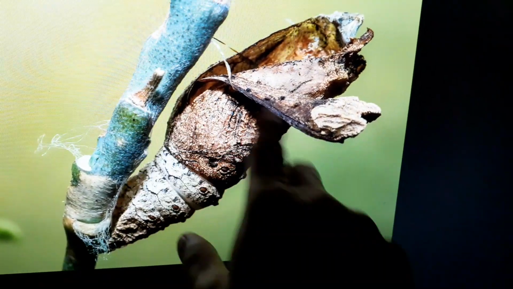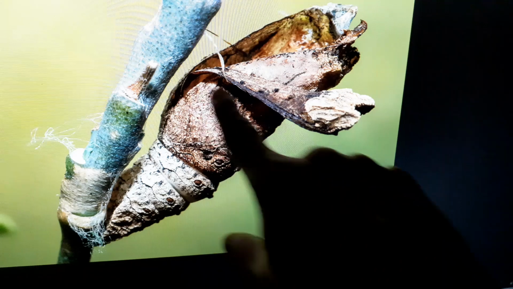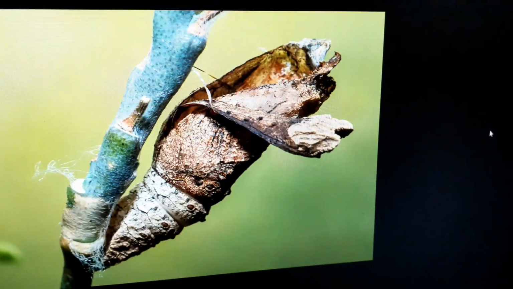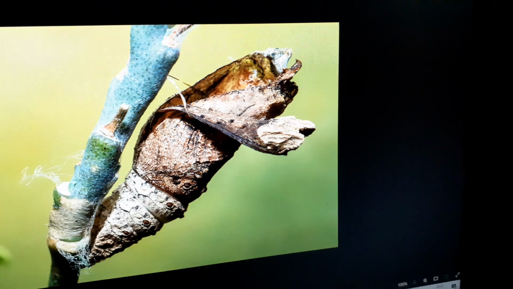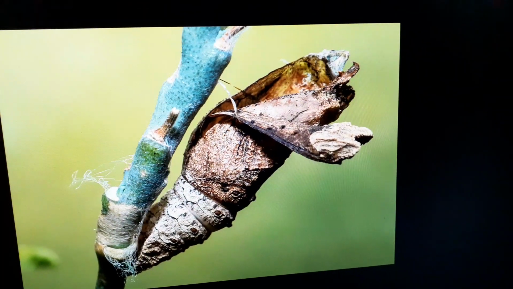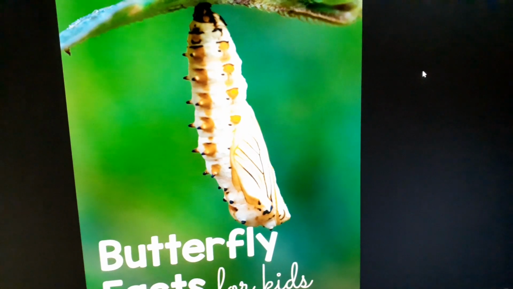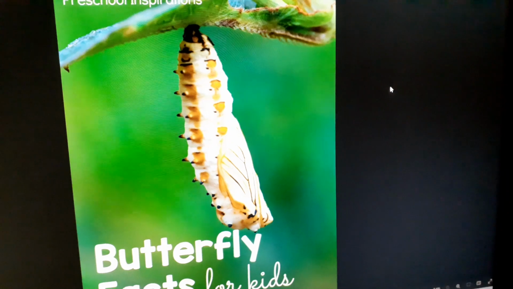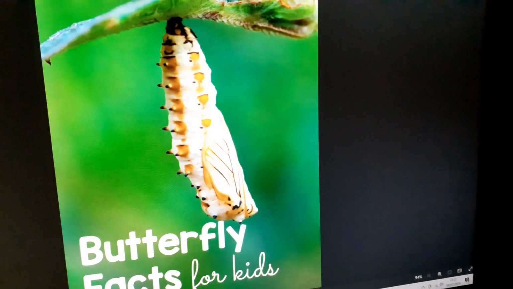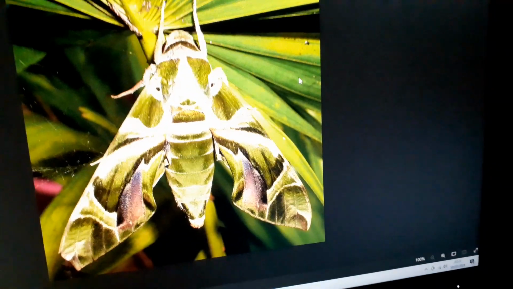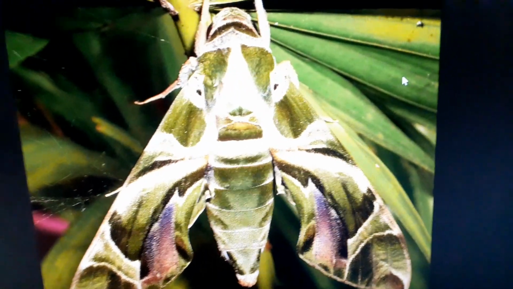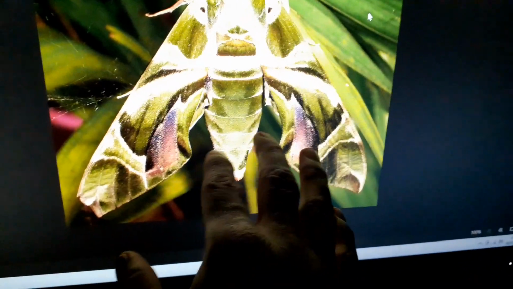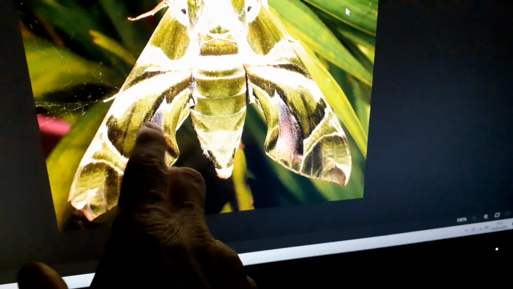See, so it's leaf-like, its wing and stuff. I think it's just casing, actually. And so, green, but the ocean, you know what I mean?